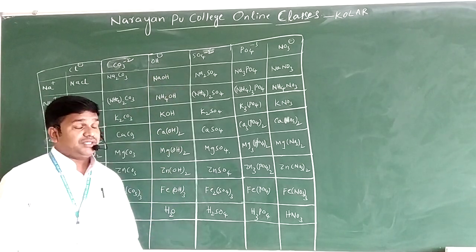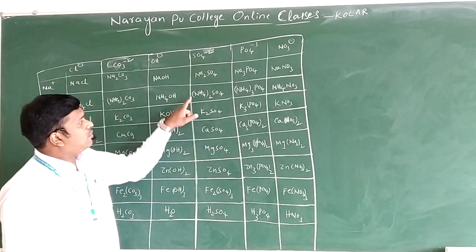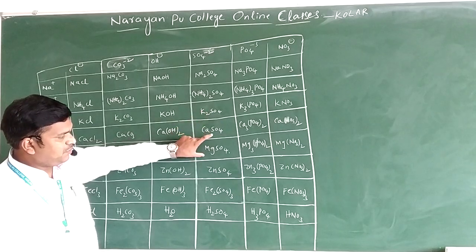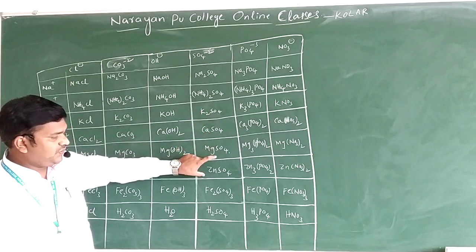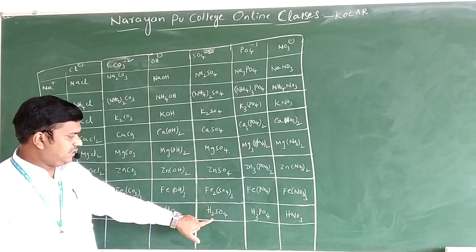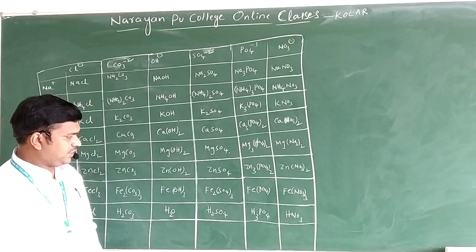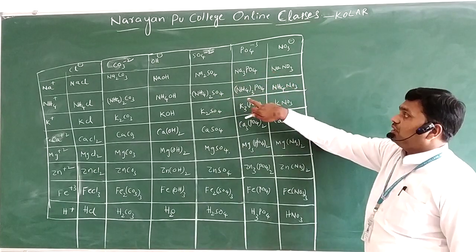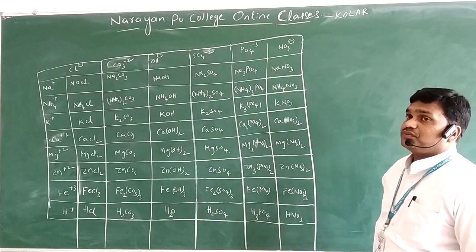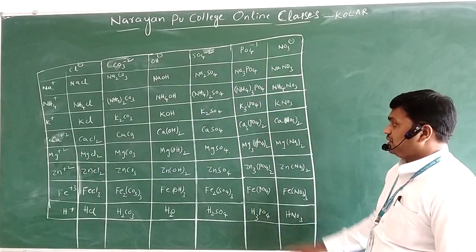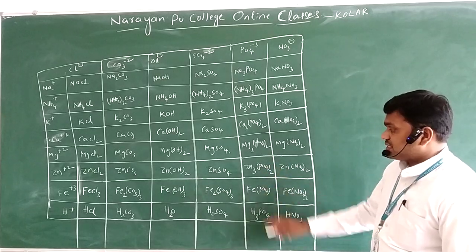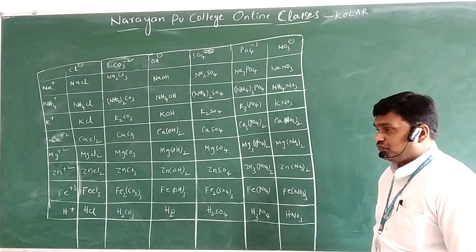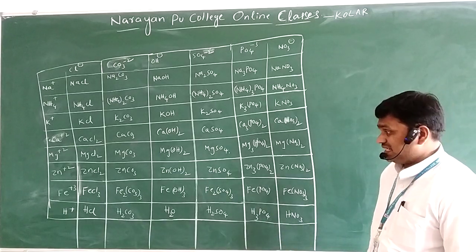Come to this one with sulfate: sodium sulfate, ammonium sulfate, potassium sulfate, calcium sulfate, magnesium sulfate, zinc sulfate, iron sulfate, and sulfuric acid. Now with phosphate: sodium phosphate, ammonium phosphate, potassium phosphate, calcium phosphate, magnesium phosphate, zinc phosphate, iron phosphate, and H3PO4, phosphoric acid.